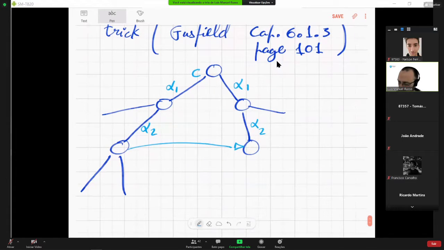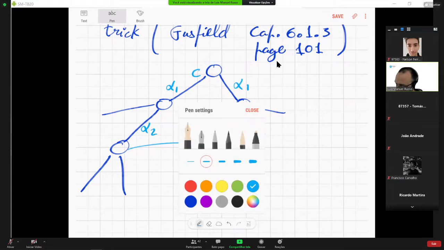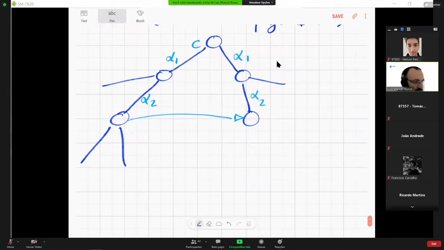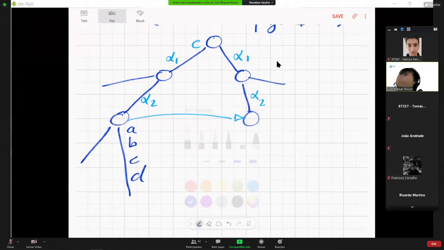Now suppose that here you have letters A, B, C, and D, and that my point P is right over here.